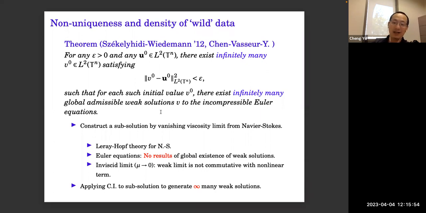But when the viscosity tends to 0, which means the inviscid limit, the weak limit is not commutative with the nonlinear term, which means we are not able to get a solution by the vanishing viscosity limit from the Navier-Stokes equations. Also, when the viscosity vanishes, the system will be reduced to the Euler equations. So this step can provide a subsolution. Then we can apply convex integration to the subsolution to generate infinitely many global weak solutions. So that's the idea for this result.